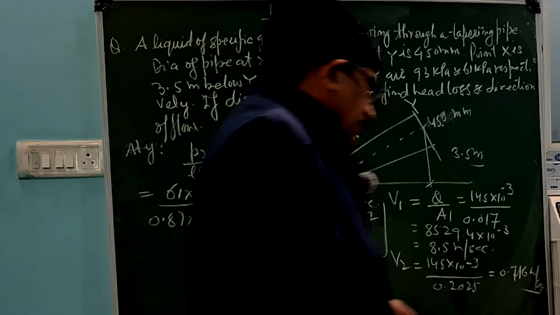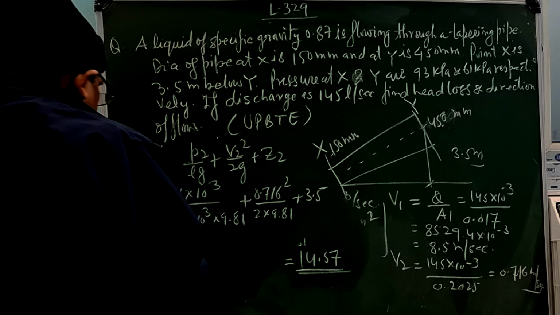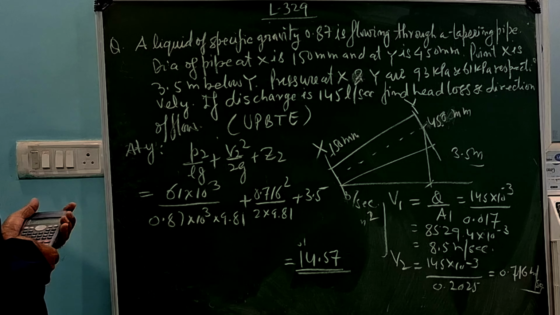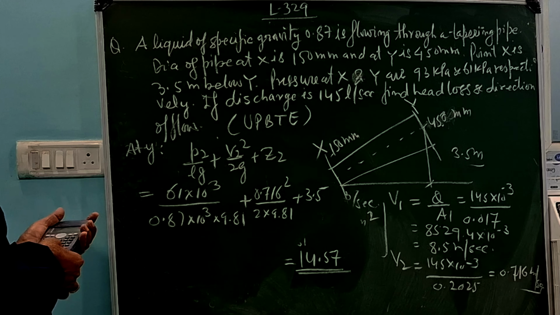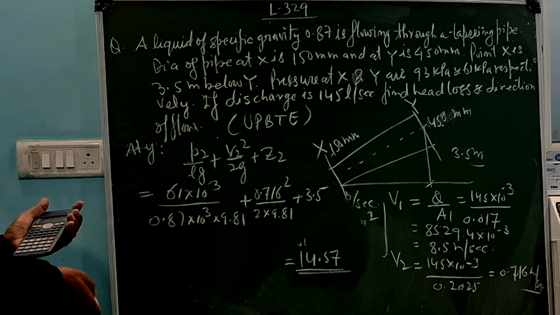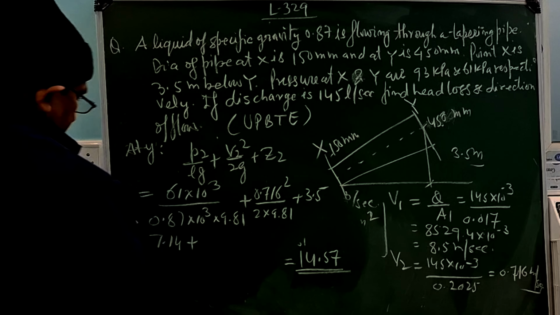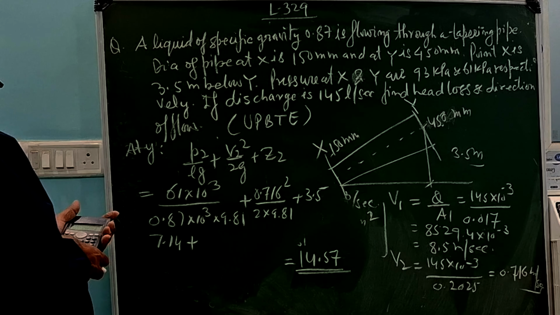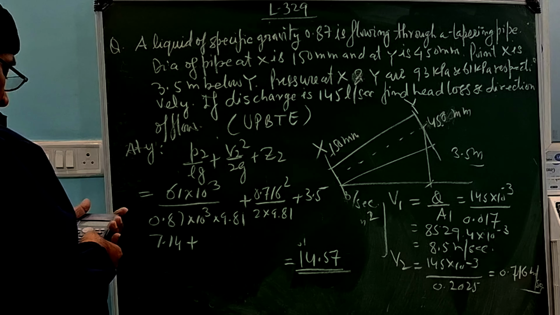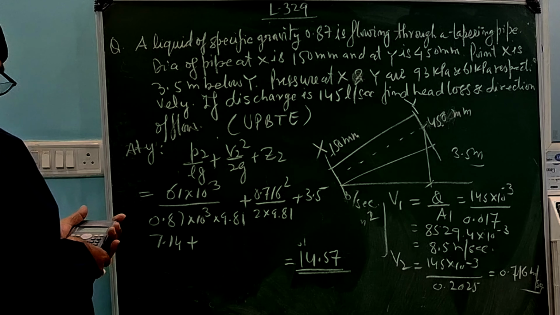So let us find out this thing. This is your H2. 61 divided by 0.87 divided by 9.81. This is 7.14, plus 0.716 square divided by 2 divided by 9.81.